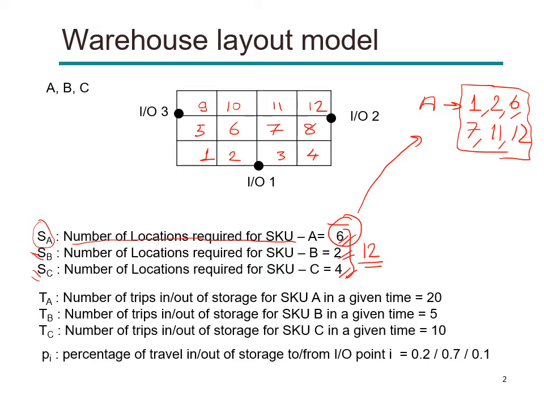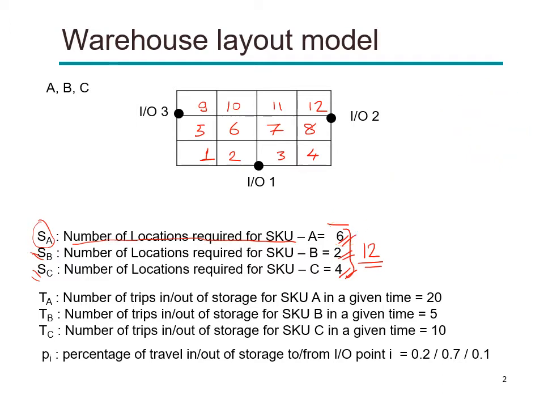And when we are making these allocations, another important thing is how many storage retrieval operations each one of these products is making. So these items A, B, and C are different items, and per unit time they may be making different numbers of storage retrieval operations.